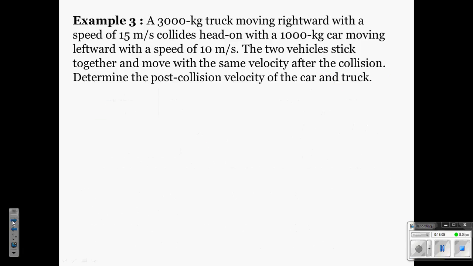So in our first inelastic collision problem, we're going to go ahead and write down our formula. This is best practice. Now remember, pay attention to what you're doing. So we're adding our momentums of each object just like we did in the beginning of the elastic ones.